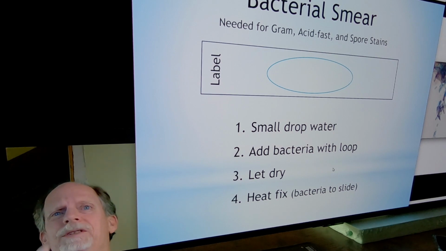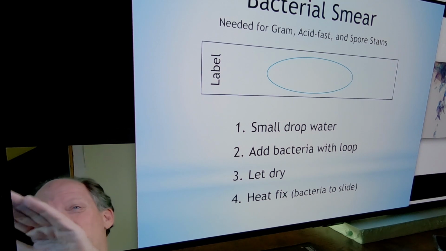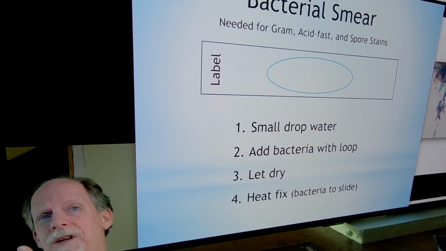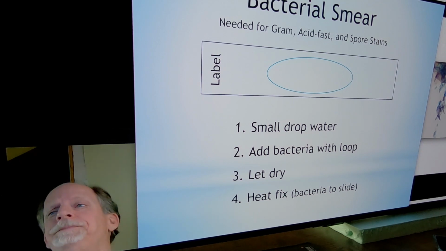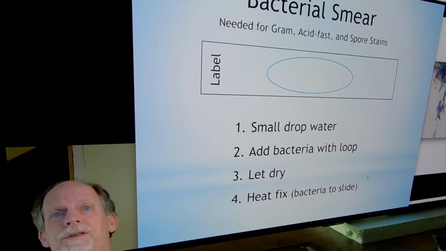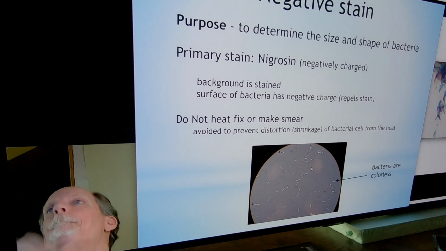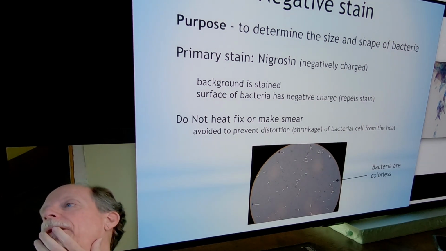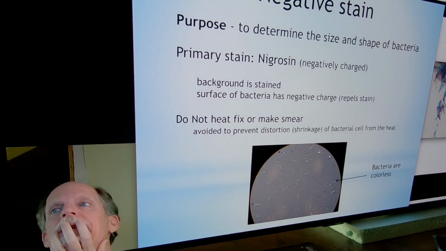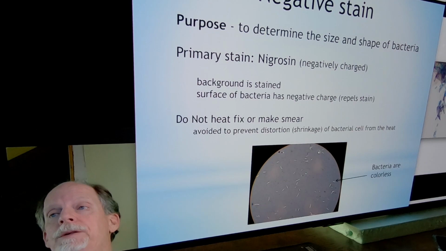There's not going to be a station about the smear, but you might get a question. I think one station is just questions without any figures, so I might ask you about heat fixing.